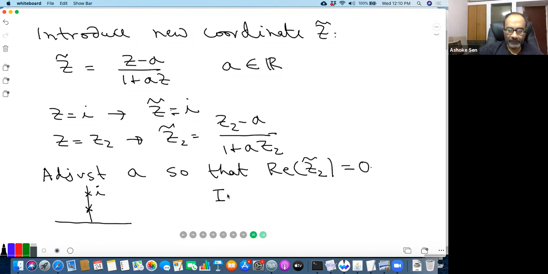And so this determines A uniquely. And then whatever you get for imaginary Z2 tilde, we define this to be Y equal to Y. This defines Y.